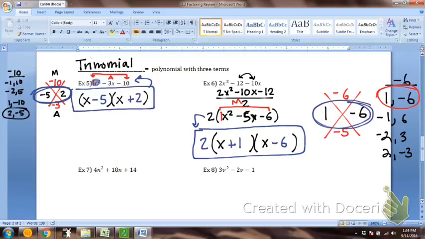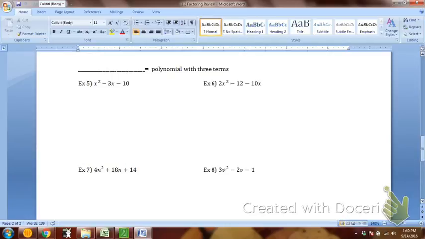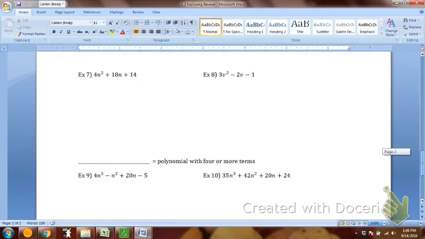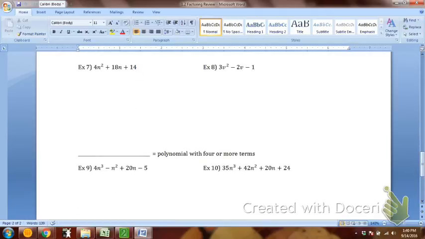Okay. Let's look at example 7. What's the first thing we do with example 7? Greatest common factor. What is the greatest common factor on number 7, Amanda? 2. We maybe a 4, but that's too much.